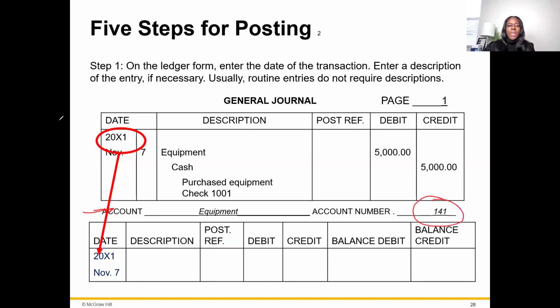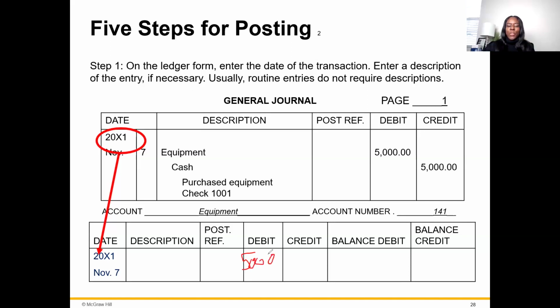It has an account number here. So what we do is we take this amount up here, this date, put it here. You don't have to do a description. Typically, we don't. And then you will take the amount of equipment, and it's a debit. So you will put the debit amount here.